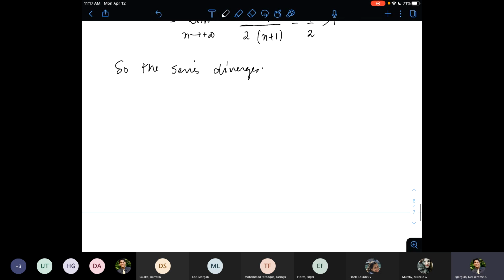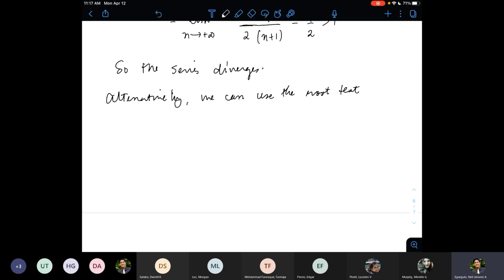Now, alternatively, we can use the root test. The root test is helpful whenever n is involved in your exponent.